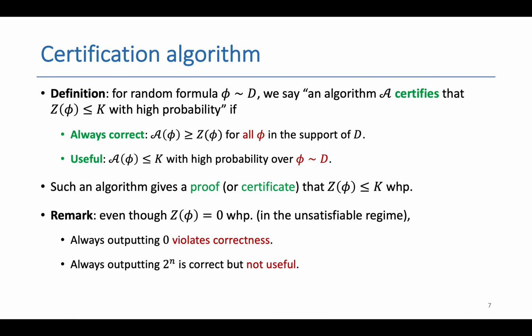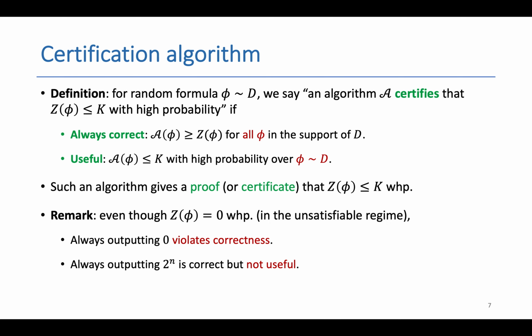So now let's make the definition of a certification algorithm. Given a formula phi, we say that an algorithm A certifies that this formula has at most k satisfying assignments with high probability over the randomness of a distribution D that the formula is drawn from, if you have the following 2 guarantees for the algorithm.